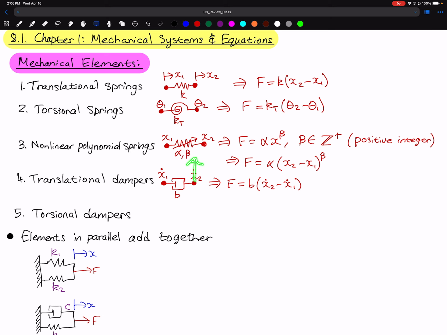It's not just the damping cubed or something. That's why I'm saying if you were to raise this to some beta power, that would not necessarily be a physical mechanical element. You can certainly do that in your system model, it just may not have any physical meaning. Mathematically, there's nothing stopping you from doing something like that. And we certainly didn't look at any nonlinear damping either.